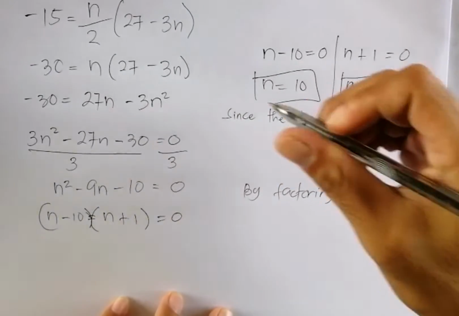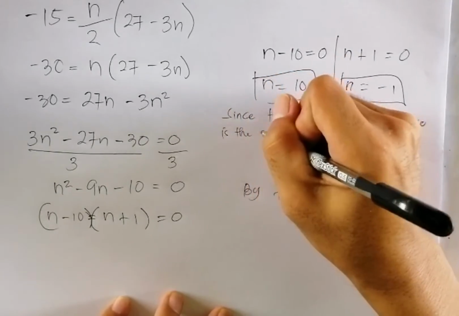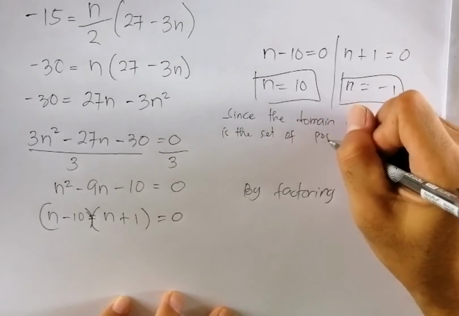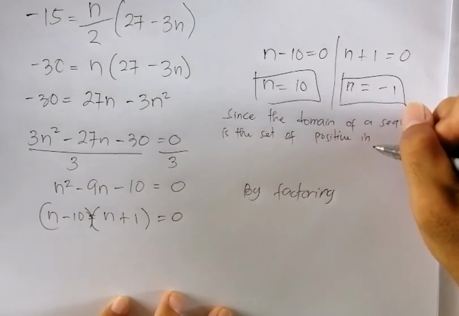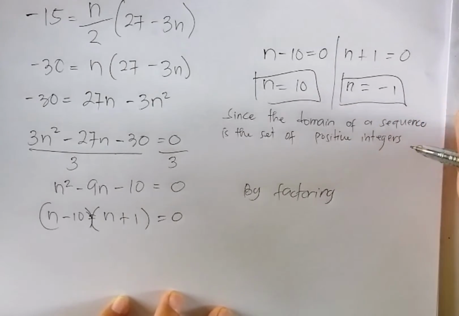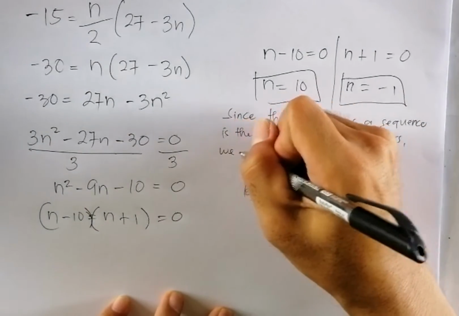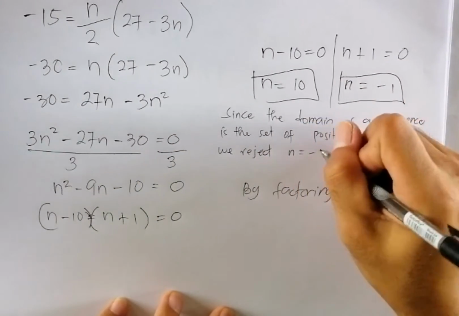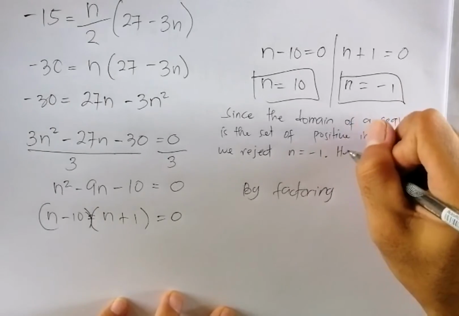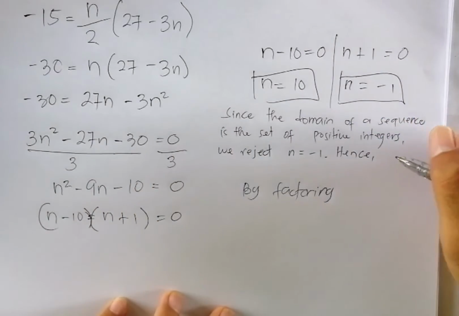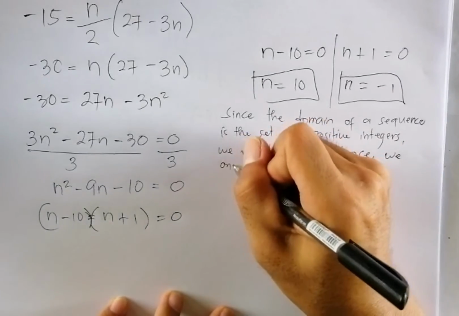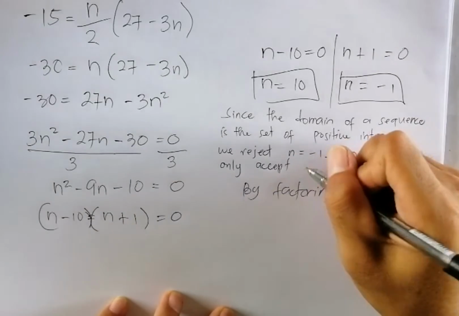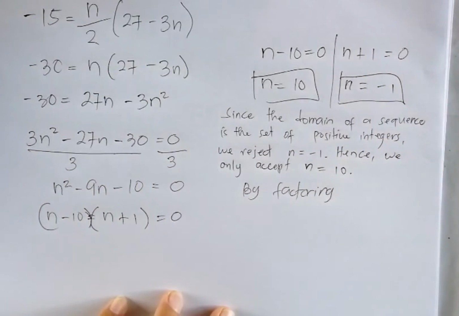Since the domain of the sequence is the set of positive integers, we reject n equals negative 1. Hence, we only accept n equals positive 10.